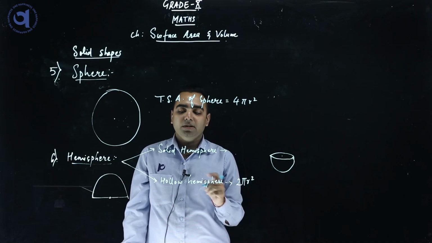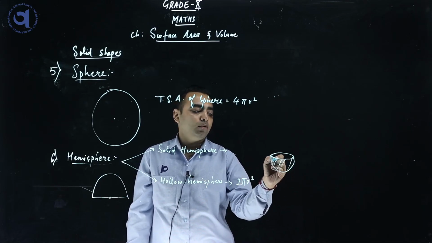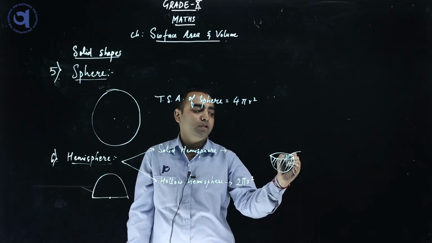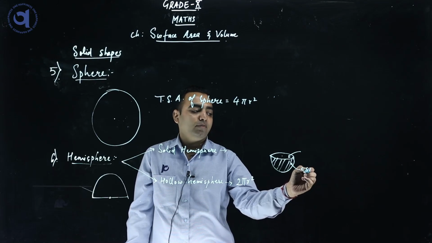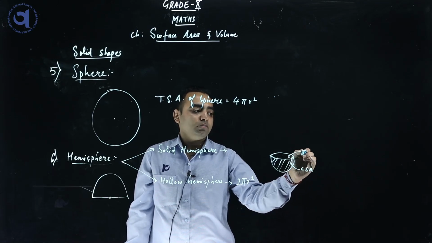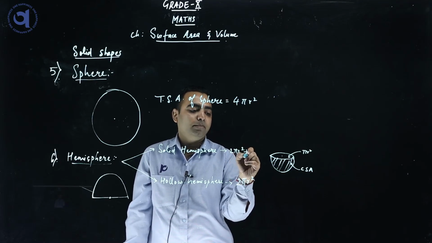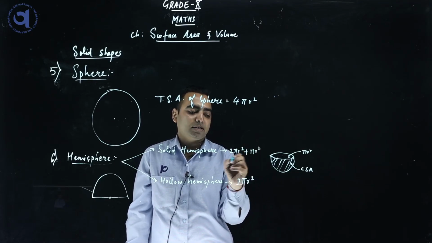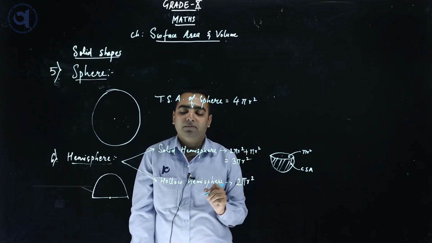If it is a solid hemisphere, then all of this will be occupied. Already it is occupied, so we have to consider this part as well, and we have to consider the curved surface area of the hemisphere as well. So here what will happen, 2 pi r square plus area of circle, that is pi r square, which is equal to 3 pi r square.